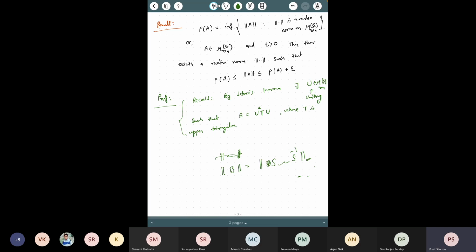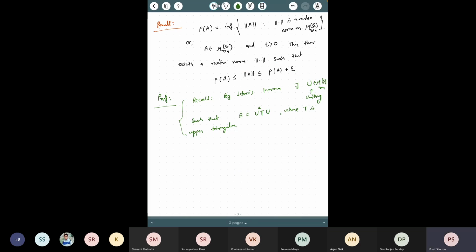We know that for any matrix norm, if S is an invertible matrix, then this function again defines a matrix norm. This we have seen in the previous class. So I am trying to find such a matrix S and this infinity norm, and I will do it in such a way that this inequality is satisfied.